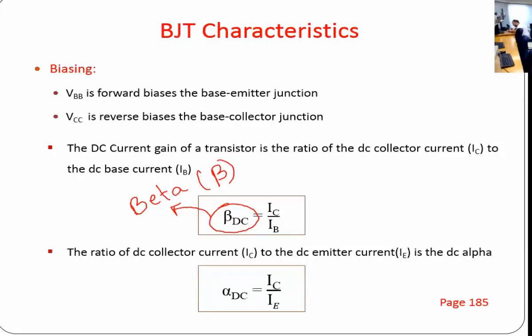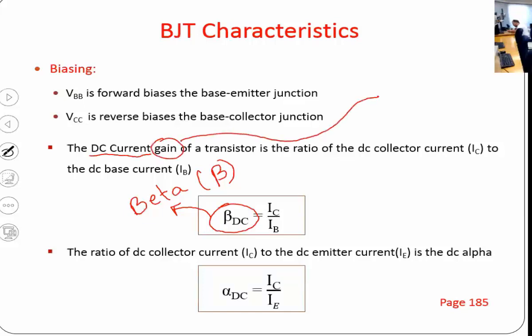So beta DC means it's talking about only DC currents here. What is beta DC? It's a DC current gain.